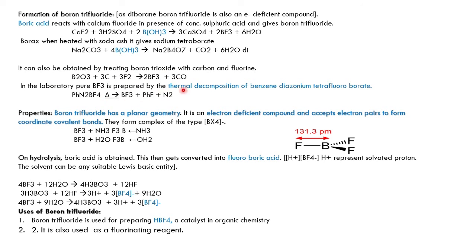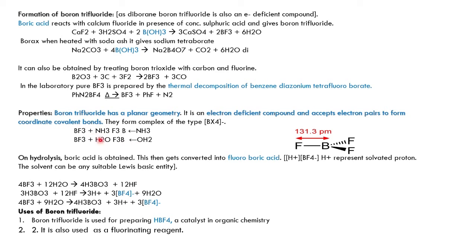Then on thermal decomposition of benzene diazonium tetrafluoroborate, on heating, it gives boron trifluoride. Properties: boron trifluoride has a planar geometry. It is an electron deficient compound that accepts electron pairs to form coordinate covalent bonds.